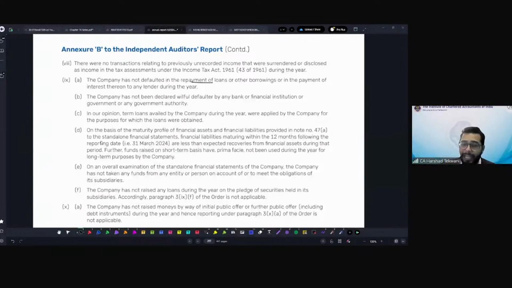Remember the part that we discussed about any default by the company declared willful defaulter. Whether the term loans availed by the company were applied for the purposes for which they were obtained. So all this, para 3.9, becomes very important again when it comes to the NBFC.